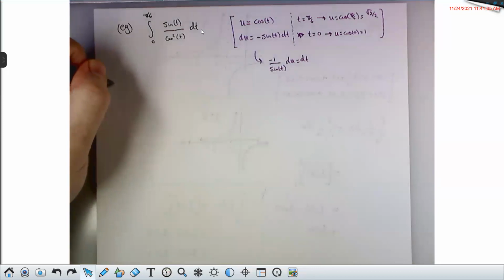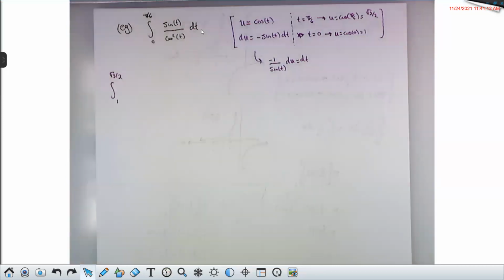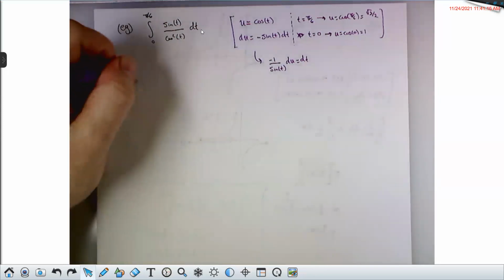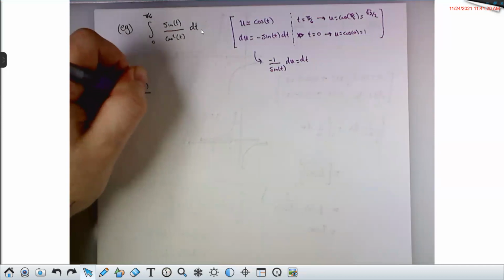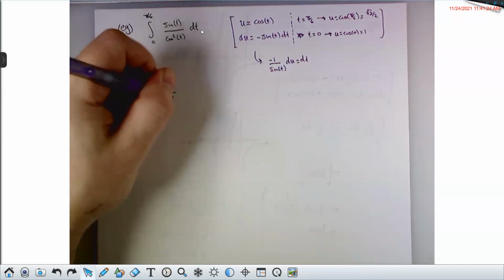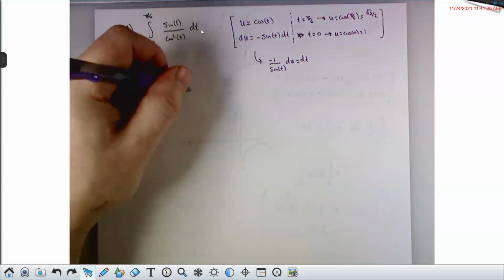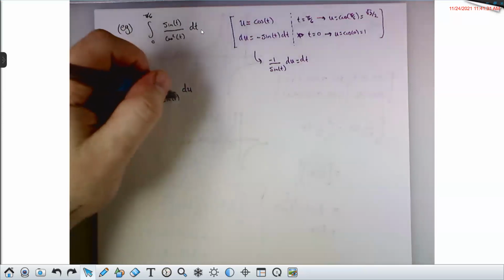So when you go plugging in this substitution, you'll have the integral from 1 to the square root of 3 over 2. I'll write it out. Sine t over u squared times negative 1 over sine t du. And the sine t's cancel.